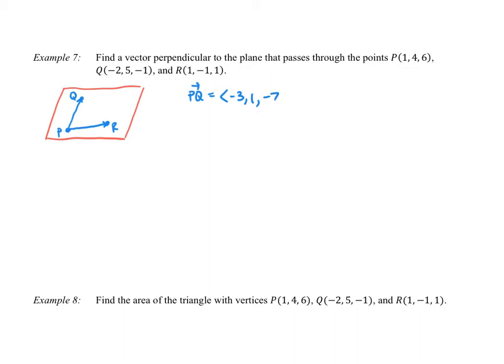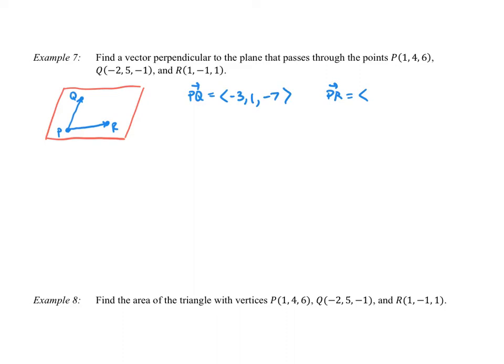And then we're going to do the same thing for the vector PR. It's really important that you have the same initial point. So I went PQ, and now I'm going to go PR. If you decided you wanted to do a vector QR, then you need to do the next one QP.